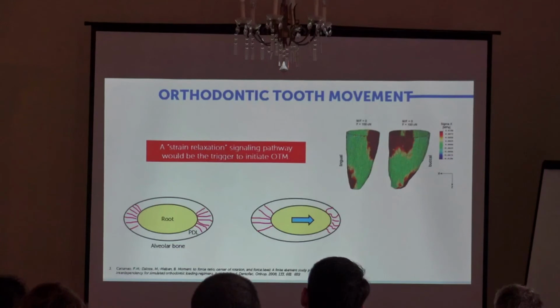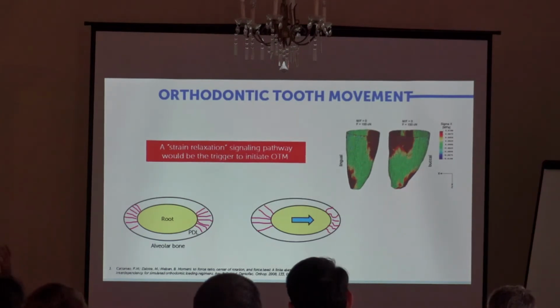So in the end, it is possible that orthodontic tooth movement is initiated by a strain relaxation signaling. And this is able to combine what we know, what has been studied for long bones, for example, and what we see clinically for teeth.